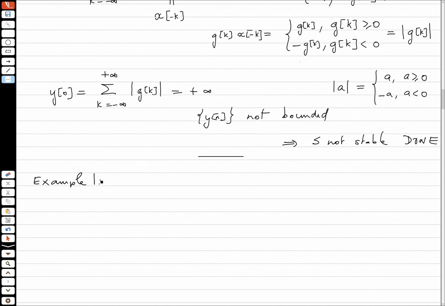In every example, I will consider a system that is already LTI. Consider the LTI system of impulse response u of n.